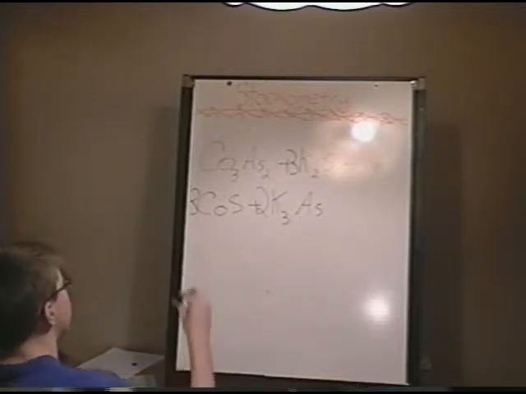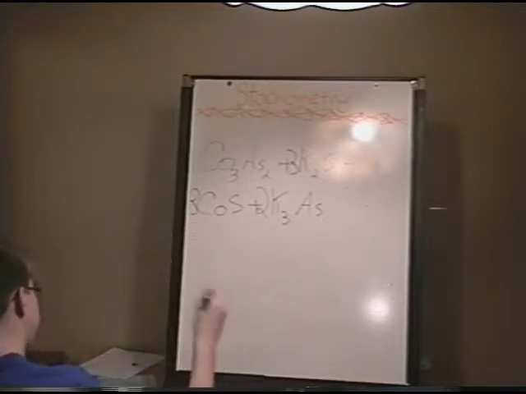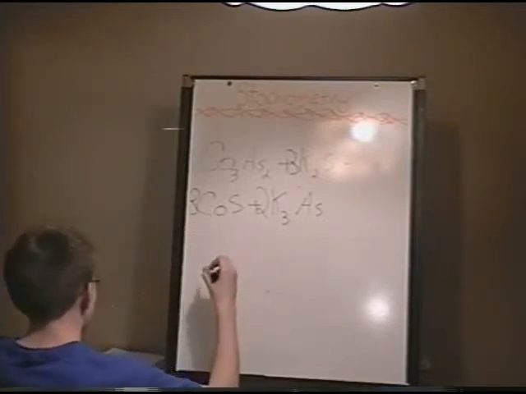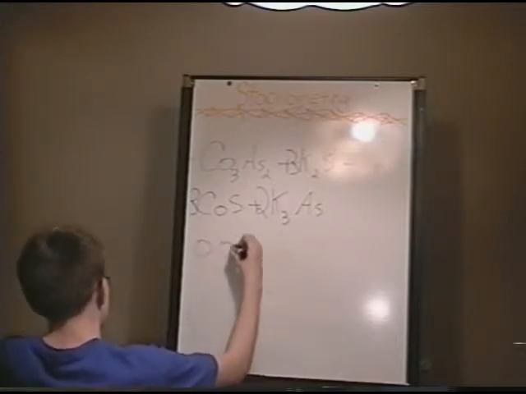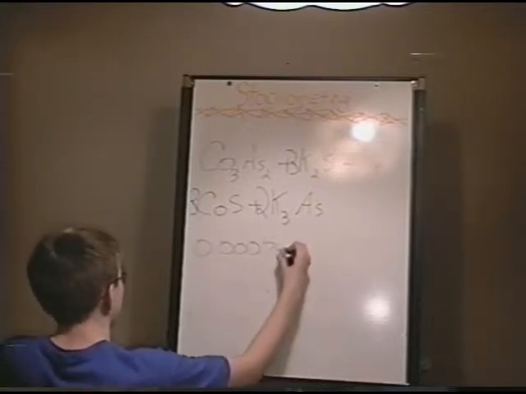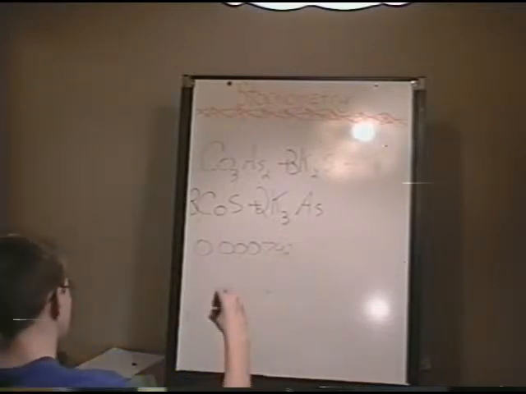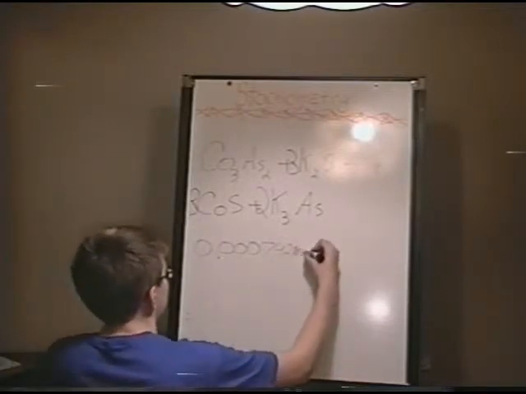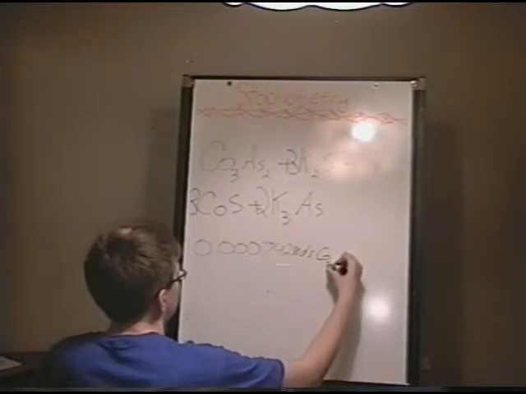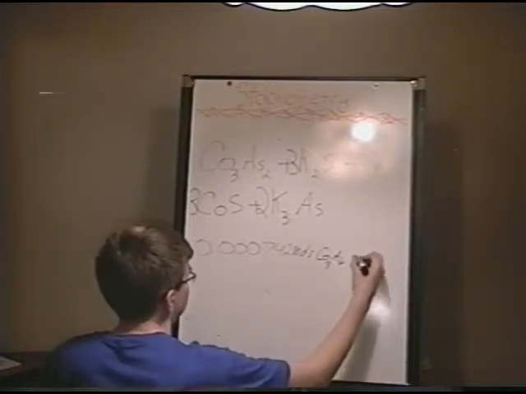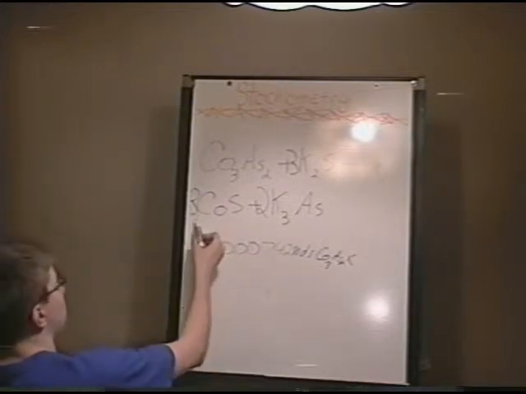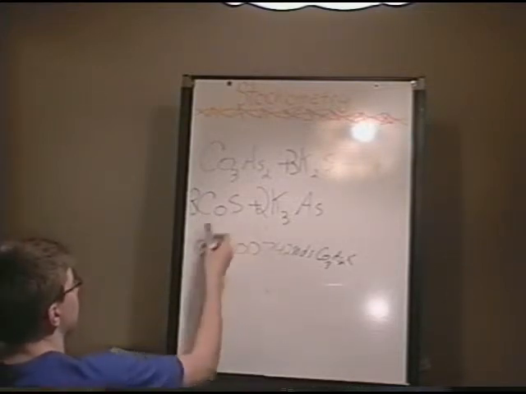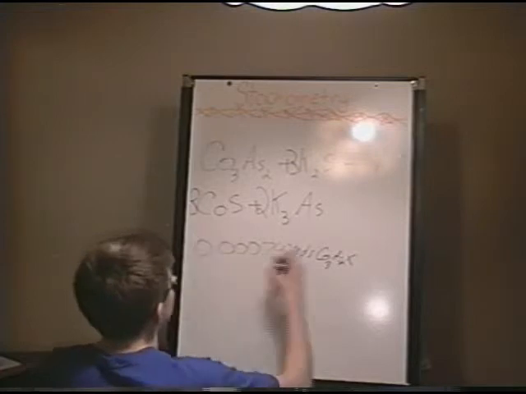Now, to find your moles of CoS, you take your moles of Co3As2, which is 0.000742 moles of Co3As2, and you then multiply them by the compound that you chose, which happens to be 3 CoS.